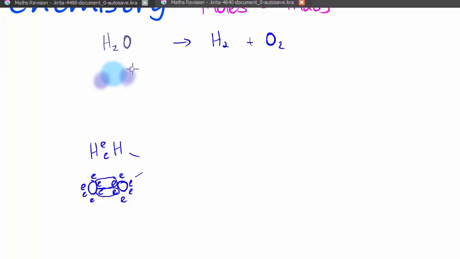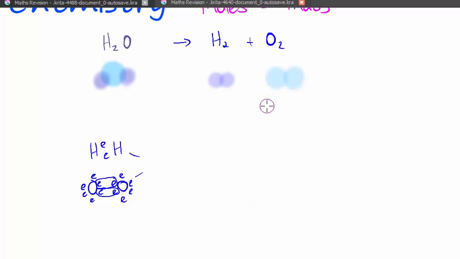So in other words, if I start with an oxygen like that, I can now produce the 2 hydrogens that form a covalent bond, and the 2 oxygens, and oxygen also forms a covalent bond. But what do you notice? What's the problem in this reaction? This is not balanced.